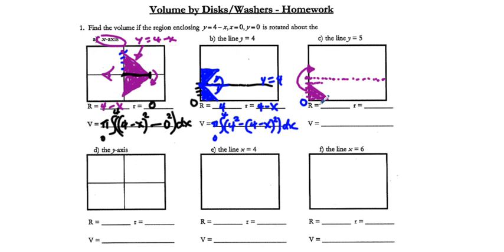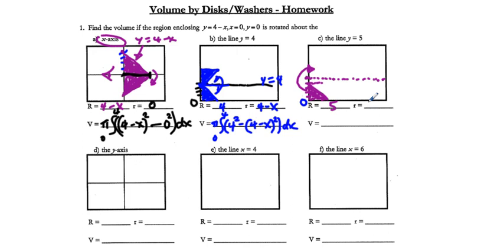In this case, big R is not going to be 4. Big R is going to be the difference between the x-axis and y equals 5. So our big R is going to be 5, and our little r is going to be the same as we had earlier. Well, it's not going to be 4 minus x.